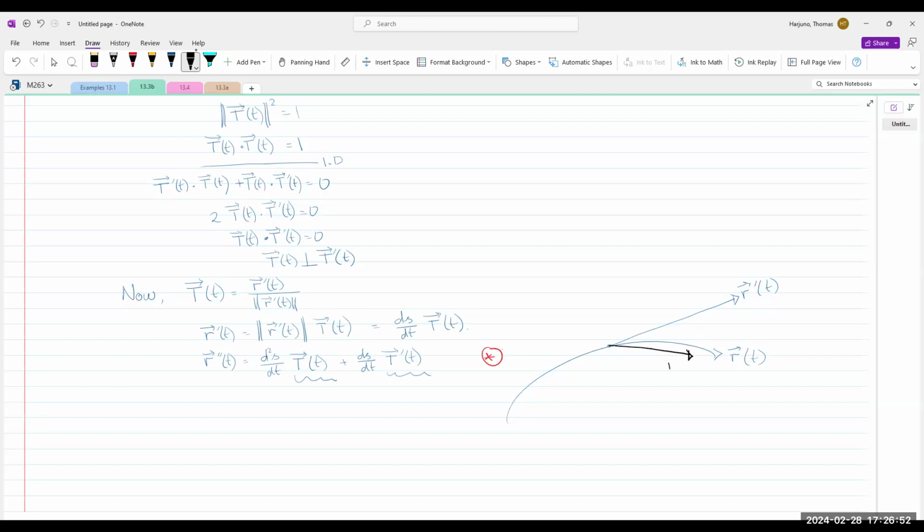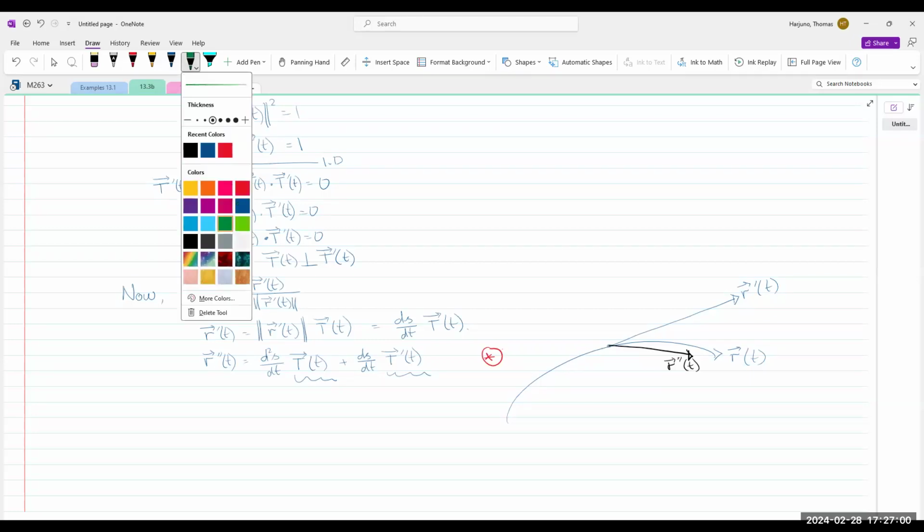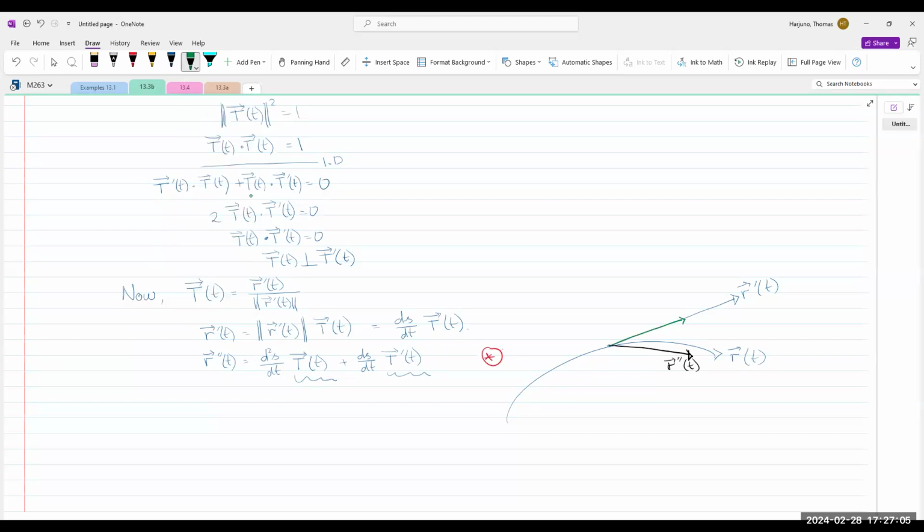This is the r double prime t, which consists of a scalar multiple of the unit tangent vector. So let's say this is the unit tangent vector, and this is the scalar multiple of that.